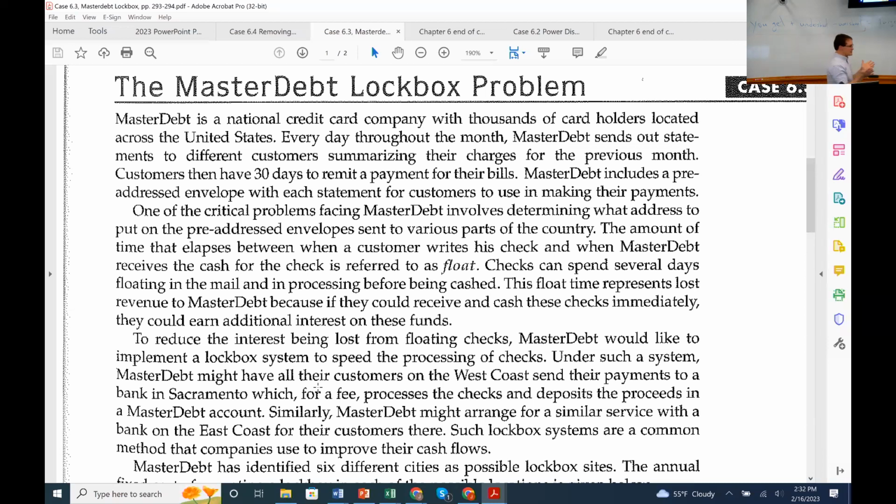Okay, so let's talk about the lockbox problem that hopefully you read. What's going on in the lockbox problem? Who's the decision maker? What are they deciding? And what are the multiple considerations that are being balanced in this optimization?